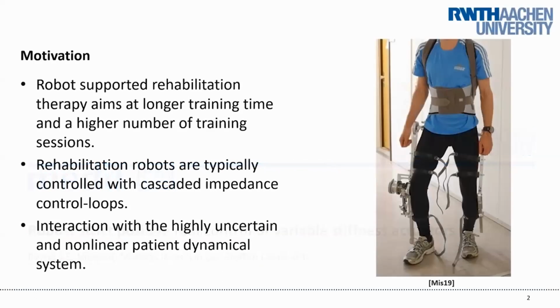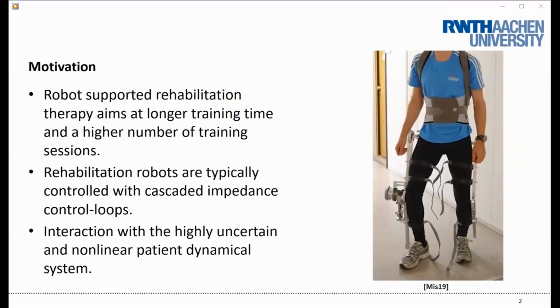We would like to motivate our work by the application of rehabilitation robotics. Robot-supported rehabilitation therapy was introduced to achieve, for example, longer training times and a higher number of training sessions compared to classical therapy. These robots are typically controlled with cascaded impedance control loops, where the controller parameters of the impedance controllers are changed according to the patient's state of therapy.